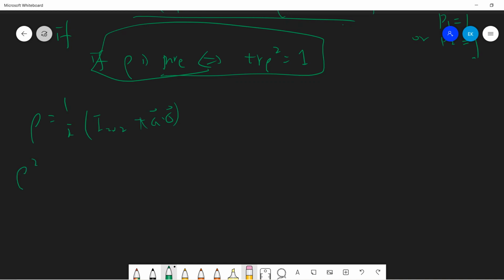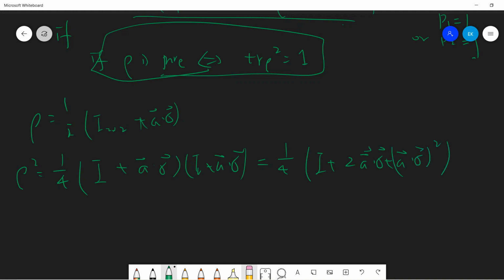Let's see what the trace of rho squared is for these matrices. Suppose we square 1 over 4 times identity plus a dot sigma, times identity plus a dot sigma. Taking the trace, the first term is a 2 by 2 matrix, so you get 2.